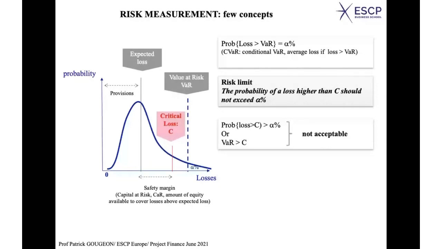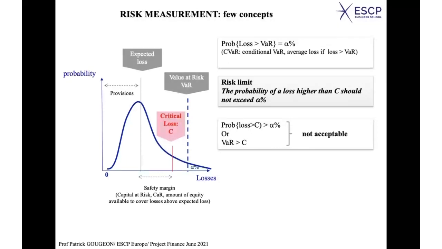So you see how the value at risk is used. You don't just look at the value at risk in itself. If you find 1.5 million, well, so what? But you compare that to what you are ready to lose with a certain probability. If you say my limit is 1 million with 1% probability, in other words, I don't want the probability of a loss higher than 1 million to be higher than 1%, and your value at risk is 1.5 million, you say no, I don't take it.